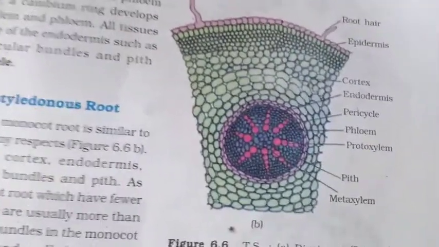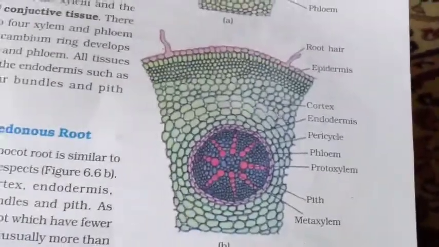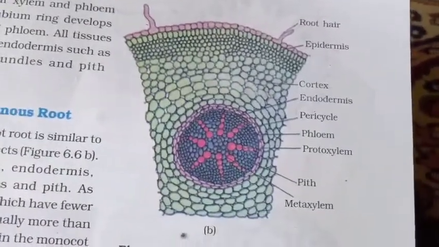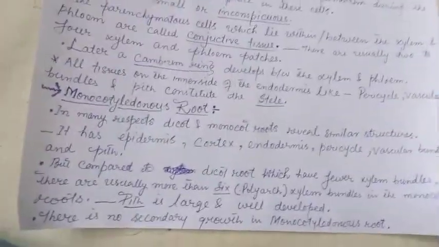It looks similar to that in case of the dicots. This is the transverse section of the monocot root.